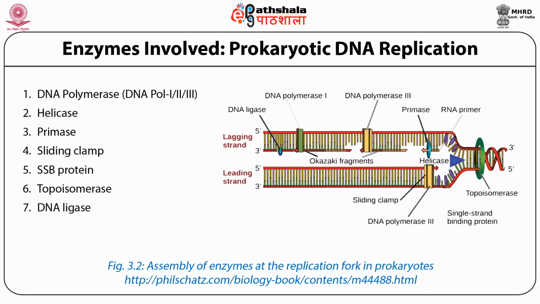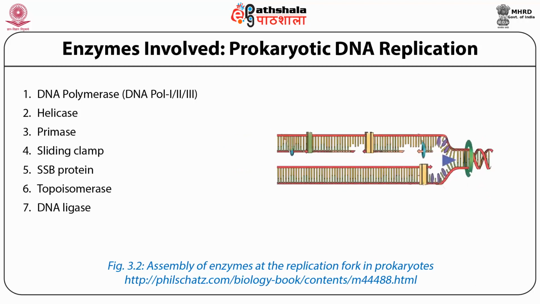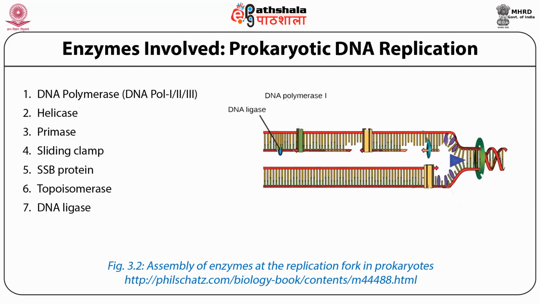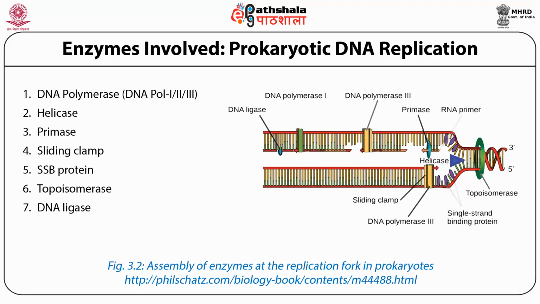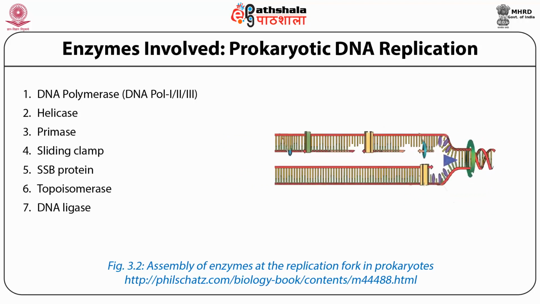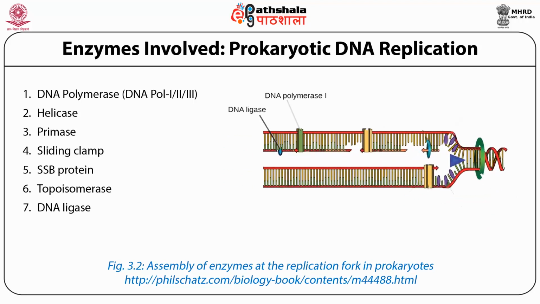Now, what's the role of primase here? Of all the known types of DNA polymerase, it has been seen that none of the DNA polymerases have de novo synthesis capacity, which means the DNA polymerase cannot start synthesizing DNA without a pre-existing nucleotide.